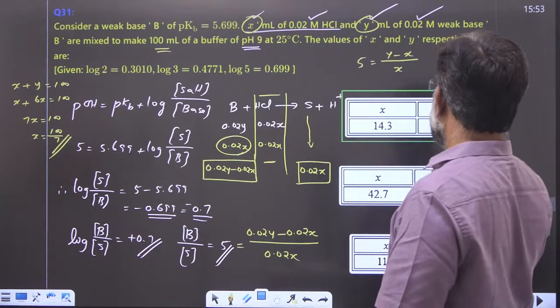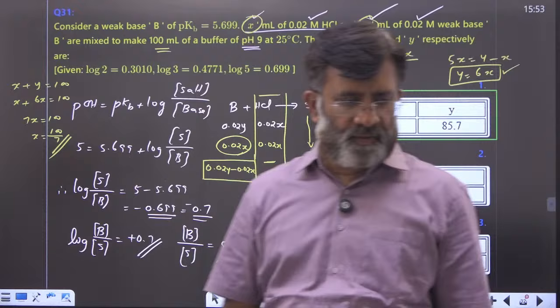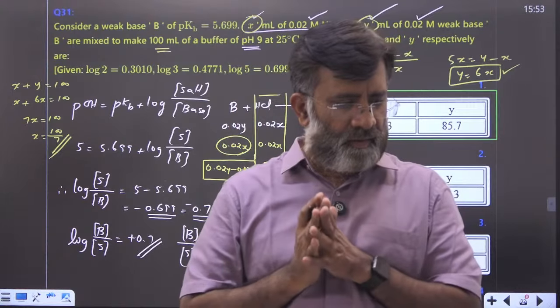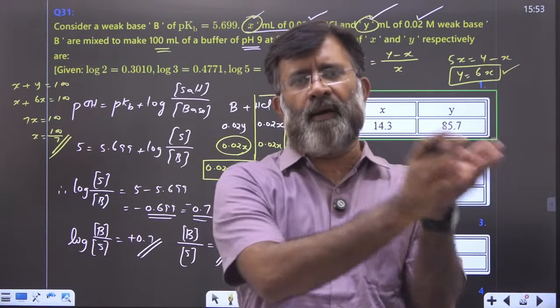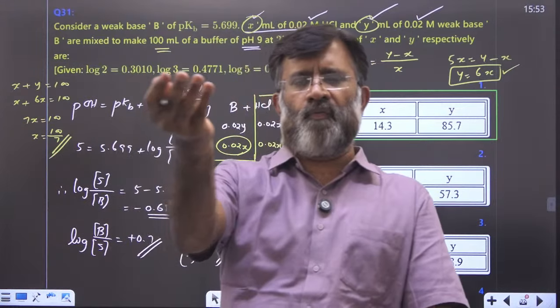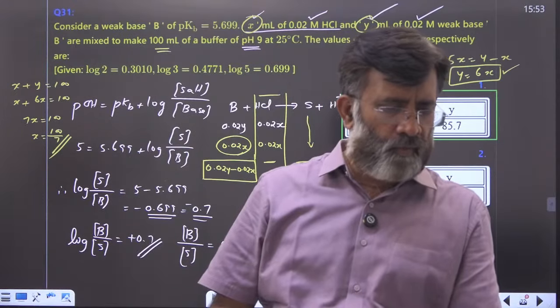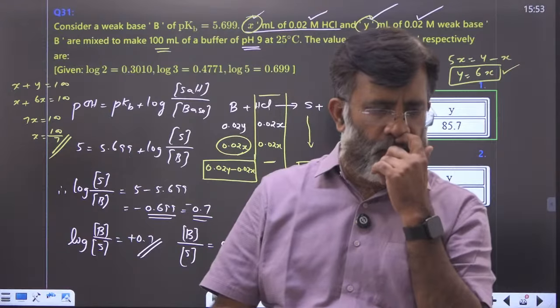Once you get one value, the other one follows since the total is 100. Once you get the x value, immediately you get y also.